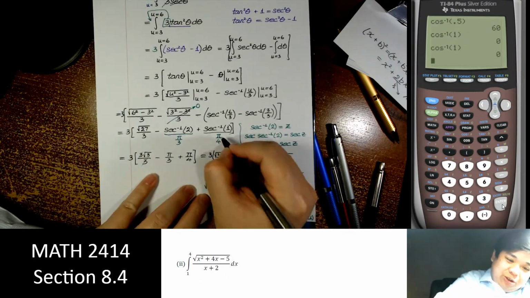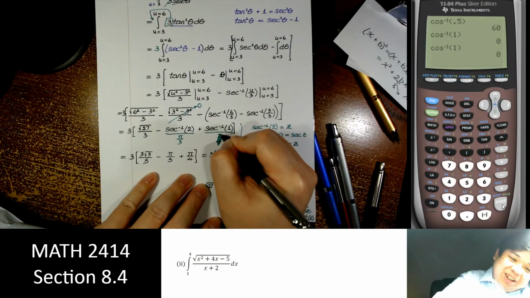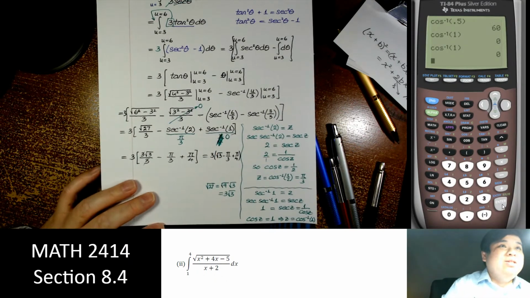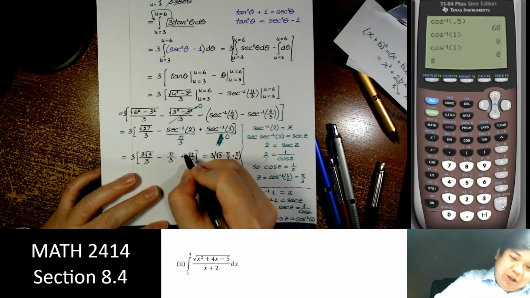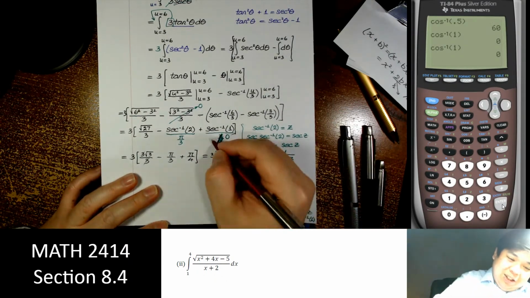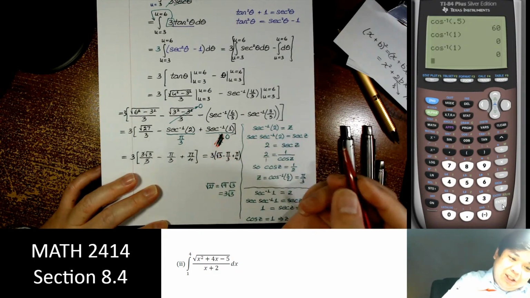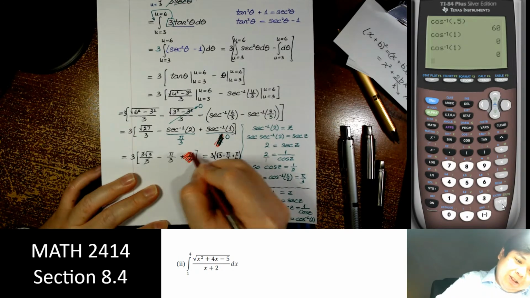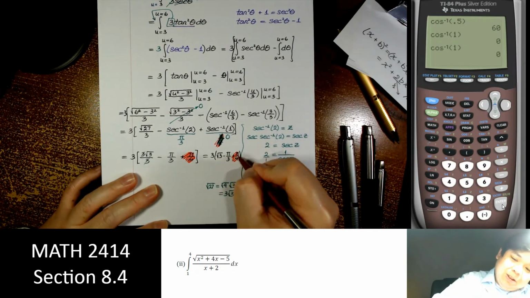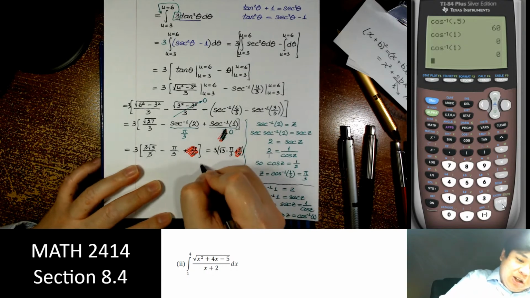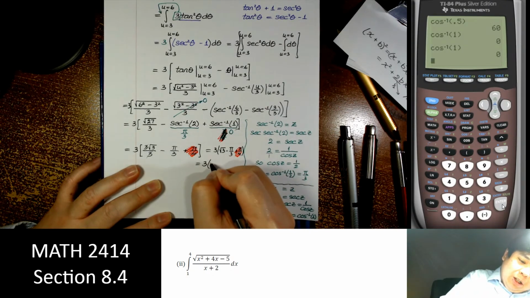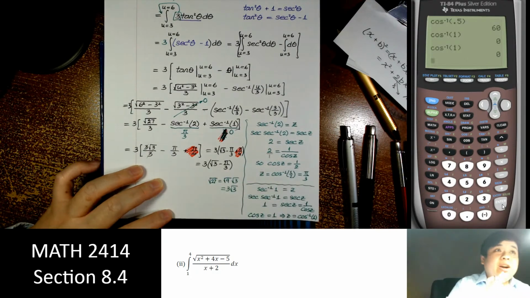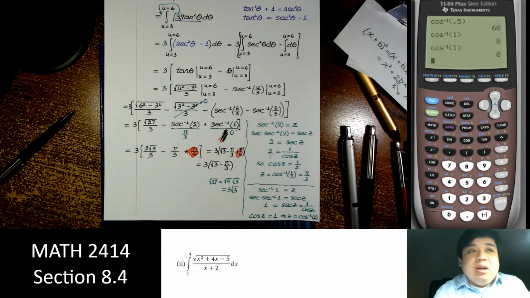Just equal to 0. So the answer is just 3 square root of 3 minus pi over 3. Sorry, should be that. By the way, let me zoom back in.